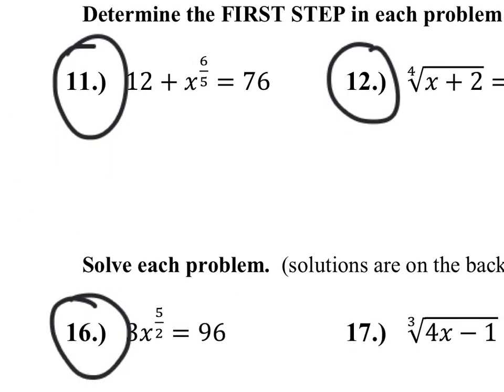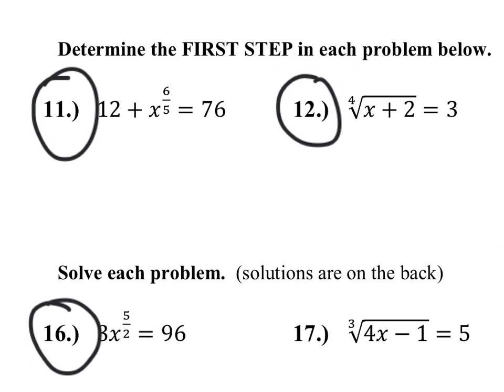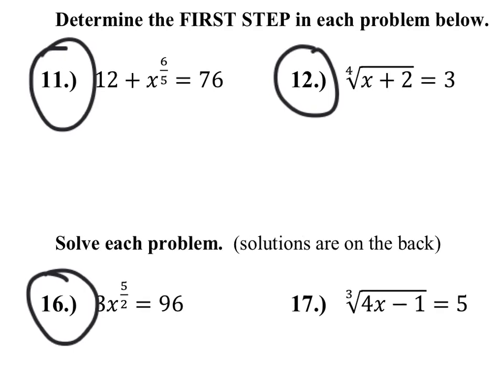Now let's look at some more equations. In these examples it says just determine the first step. So in order for us to solve for x, we need to get the entire x term by itself. For us to get that x term by itself, the first step is going to be subtract 12 from both sides.